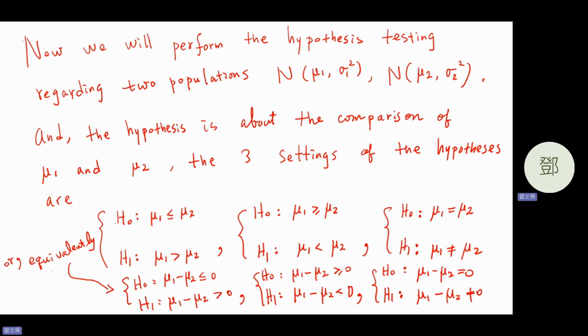The three settings of the hypothesis are this, and this, differing in the direction. We are not using this; we are using the lower part, using their difference. The bottom part and the lower part are equivalent. Any question?